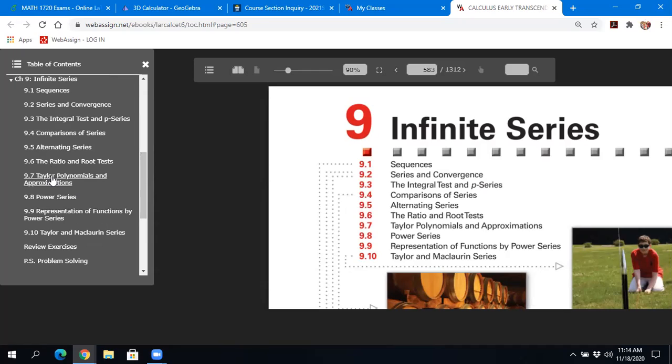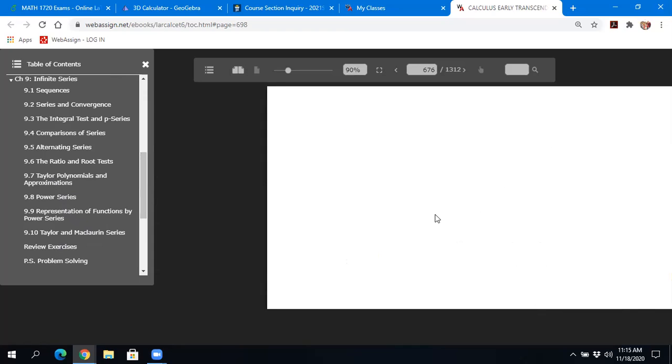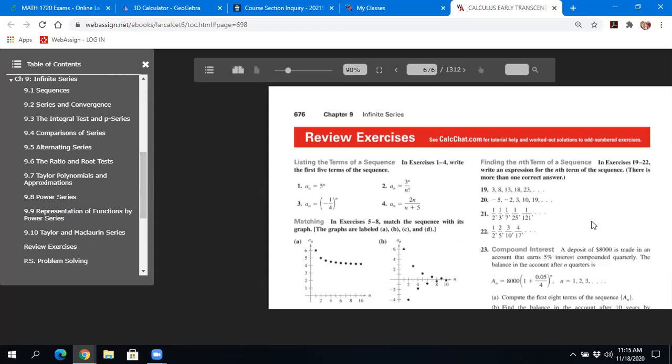Basically, power series, in some sense, reveal the chinks in the armor, if you will. So that said, I want to go to the review exercises, and we'll look at some of these.